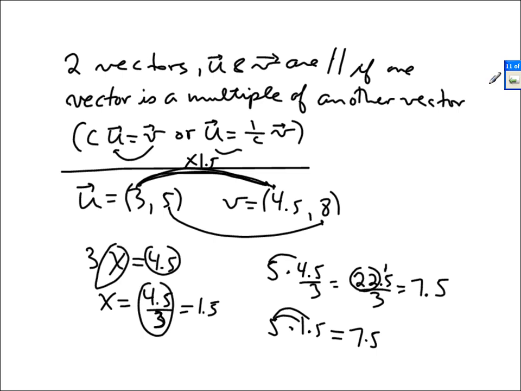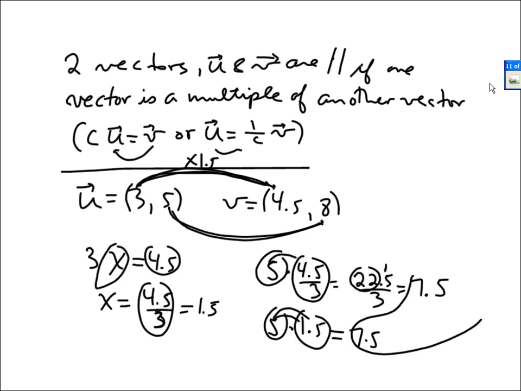But when I multiply 5 by that number, when I multiply 5 by 4.5 over 3 or 5 by 1.5, I'm not getting 8. This is not 8. Okay, so U and V are parallel? Not.